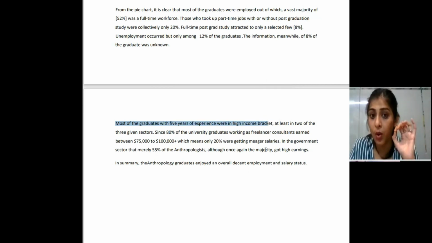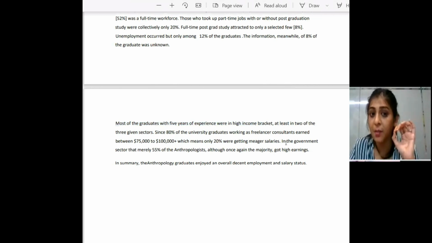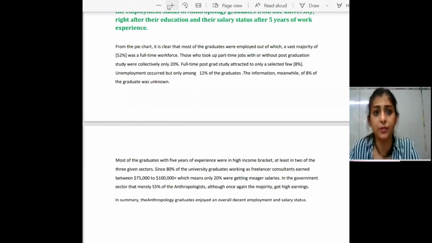Got it? Now next is in the government sector. In the government sector, that merely... here is a mistake, I think, in the data. It should be written in the government sector as well. Sorry for that, because I need to add the text here.